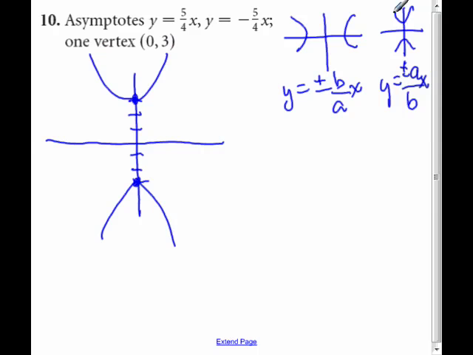It must be one of these, therefore the asymptote equation is this, therefore I know that a is 5 and b is 4. I could find c, etc. I could get the equation and show a more detailed description of the picture.